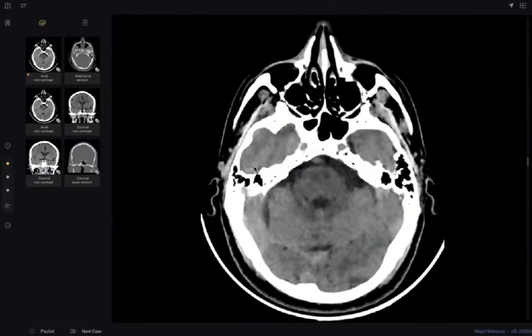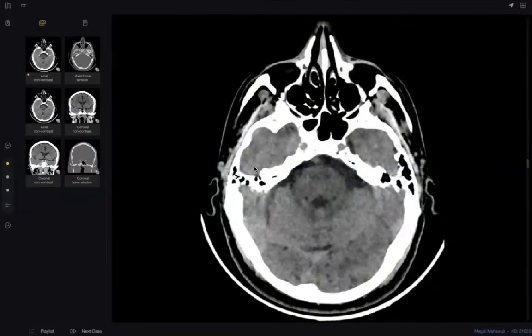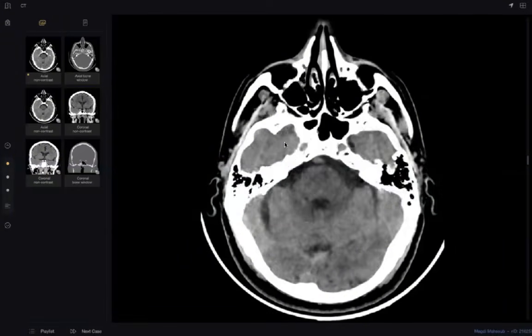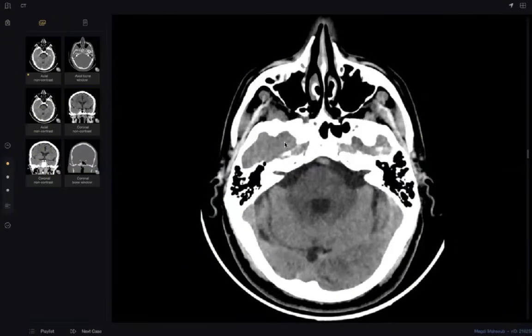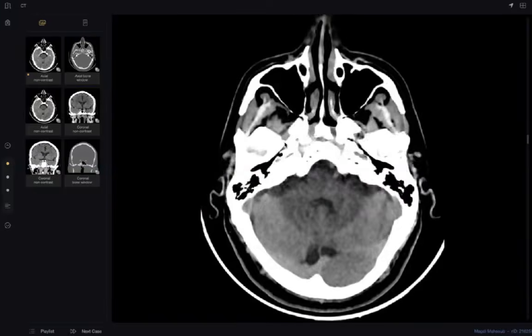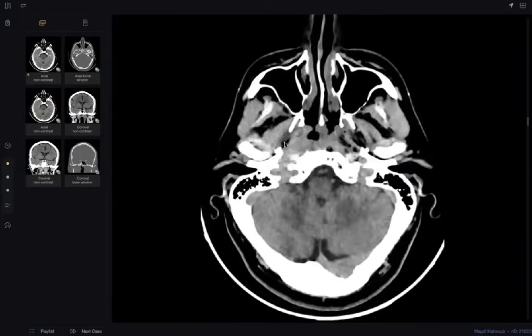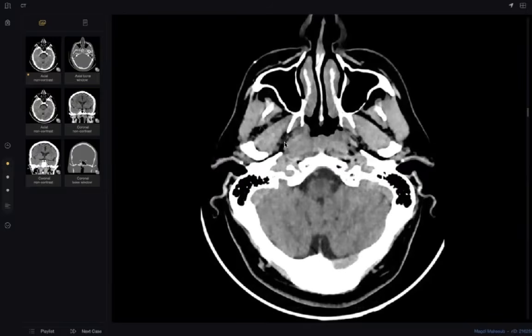If you go down, there is soft tissue here with a convex border at this area. Go down, down, down. Here you will pick up some asymmetry. Look here, what is this? Some asymmetry.